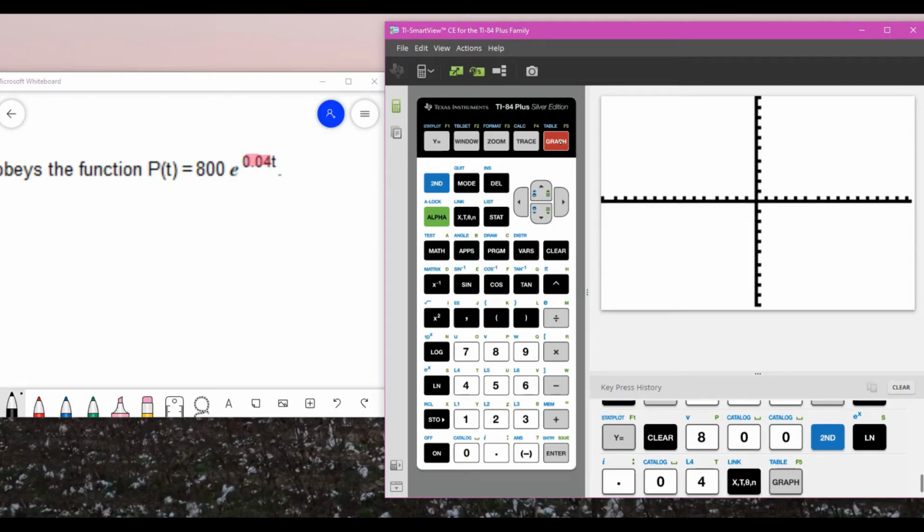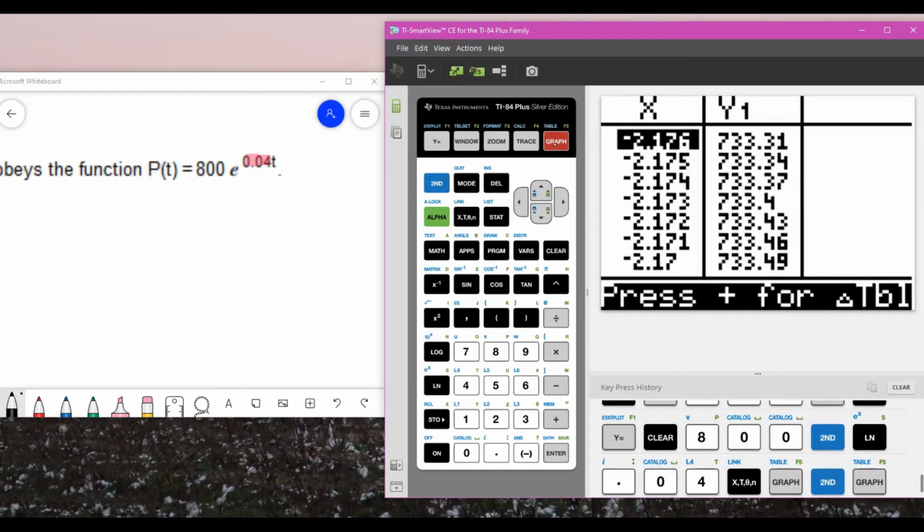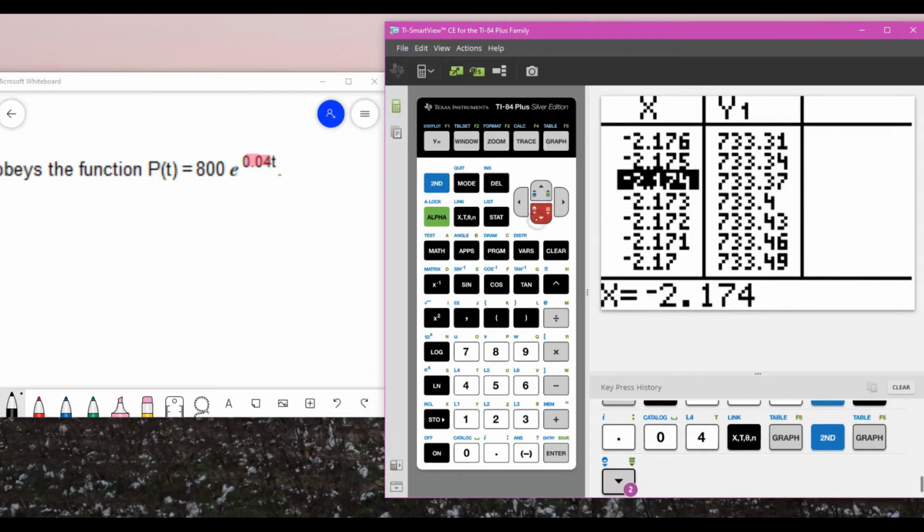And the reason why we're not seeing anything is because our initial amount is 800, so we're not really seeing a good picture. So what I like to do is take a look at the table of values, and you can see with my values around -2, my y values are in the 700 range.